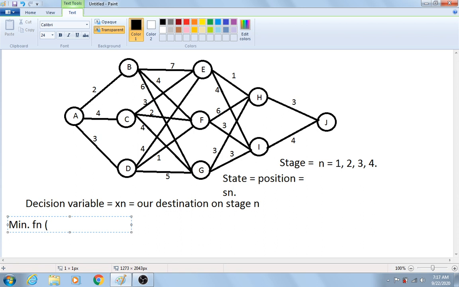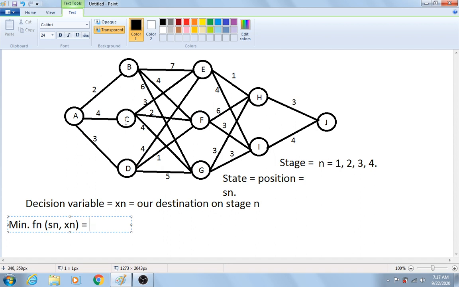And the cost will depend on what? It will depend on the state, so it depends on S sub n, and it will also depend on our decision variable, x sub n. Remember, if we are at A, and we decide to go to B, then the cost is 4.